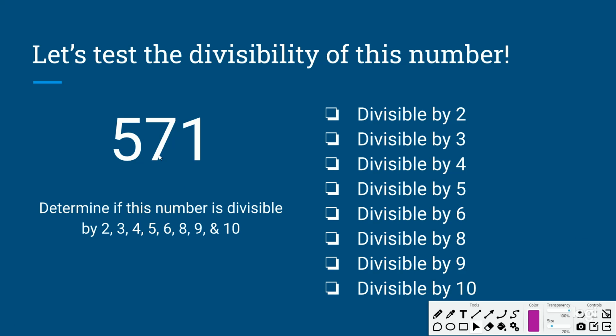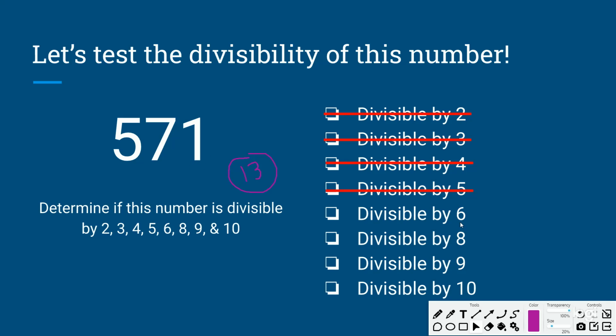For the next one, I have 571. Is the last number even? No, it's not, so it's not divisible by 2. If I add up these numbers, 5 plus 7 plus 1, I get the number 13. Is 13 divisible by 3? No, it is not. Is 71 divisible by 4? No, it is not. Does it end in a 5 or a 0? No, it does not.